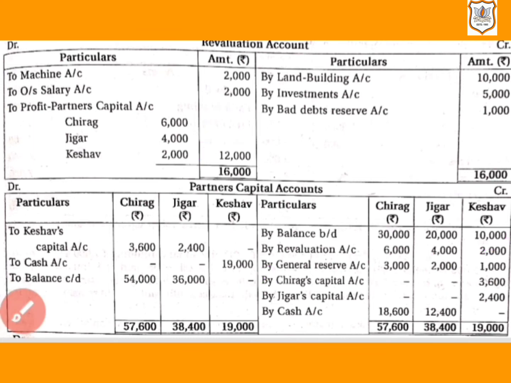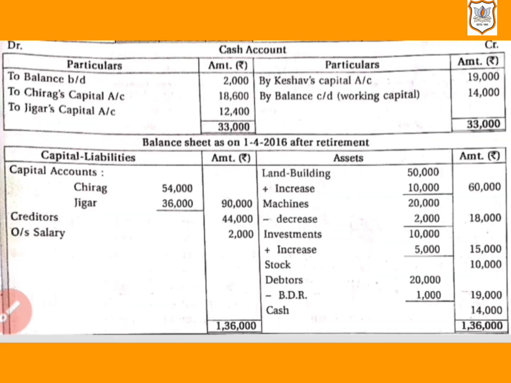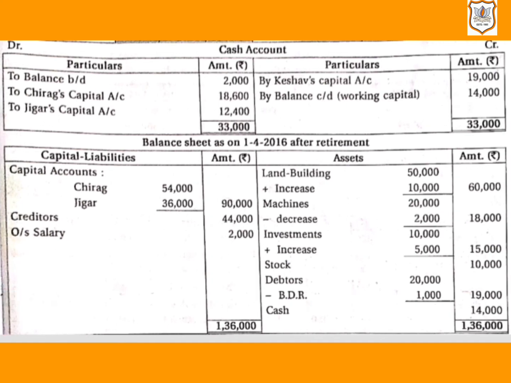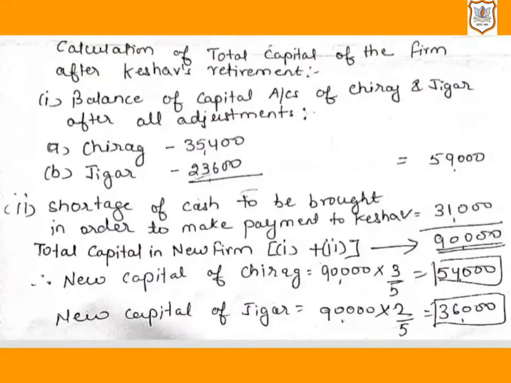Now as it will be paid in cash, that means our cash balance will reduce. So in cash account we will record it on credit side. Here it is by Keshav's capital account 19,000.